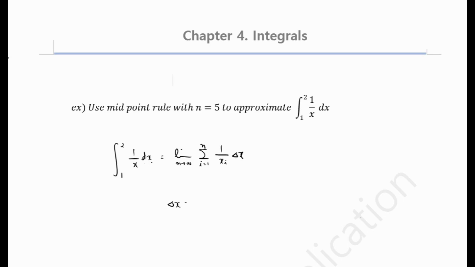Delta x is the endpoint minus the starting point over n, which is 1 over n. And xi is x0 plus i delta x, where x0 is 1 and delta x is 1 over n. The midpoint is xi plus xi minus 1 over 2.